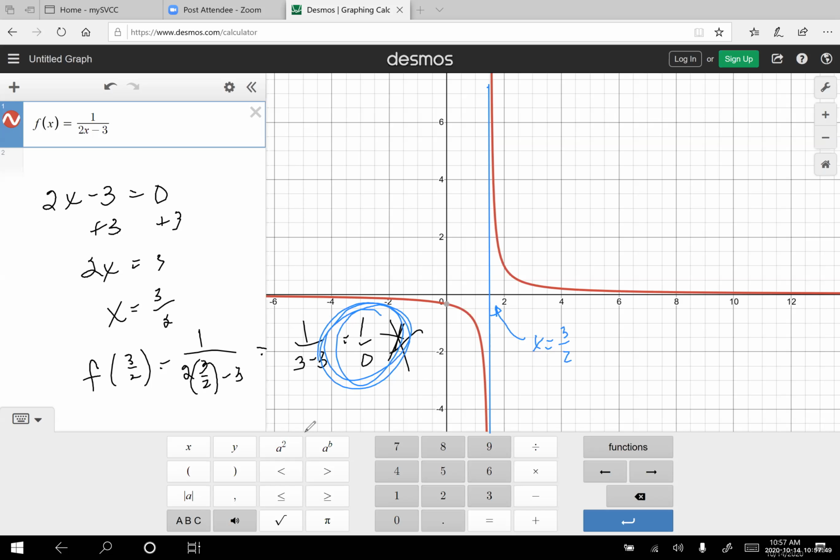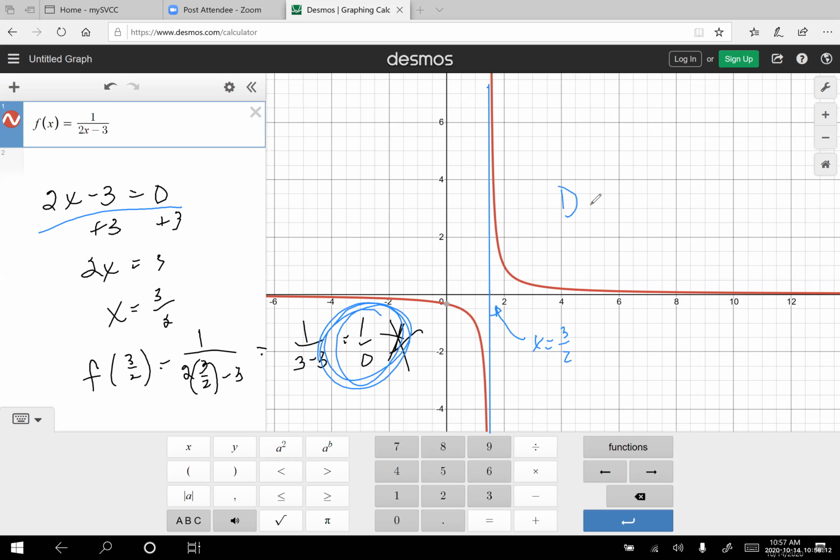So when you're dealing with a rational function, when you have x's in your denominator and you're trying to figure out what points do I need to exclude from the domain, think, well, what values of x make it undefined? That's easy enough to find. Take the denominator, set it equal to 0, and solve. And then those are the values that you have to remove.